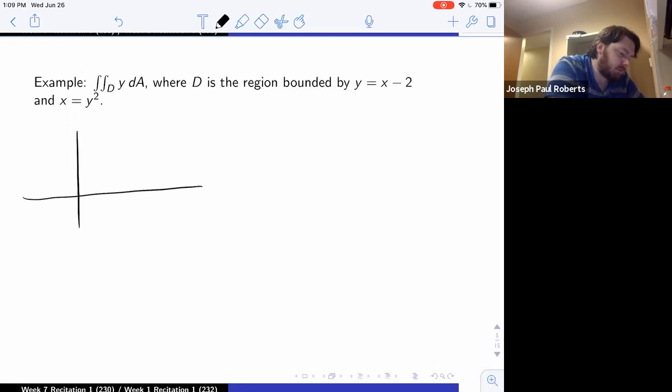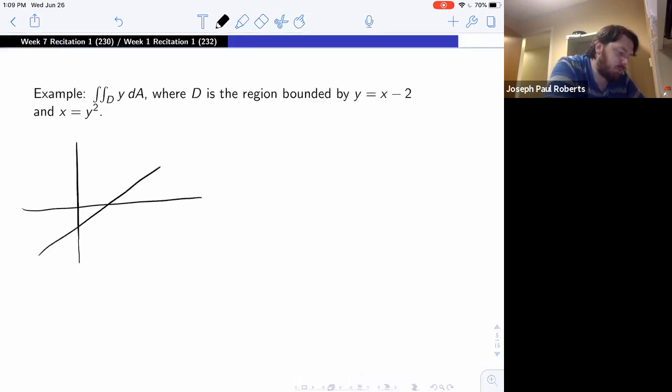So y equals x minus 2, that's slope 1, intercept negative 2. And then x equals y squared is going to be a parabola opening to the right from 0, 0. So the region bounded by this line and that parabola seems to be this shape here.